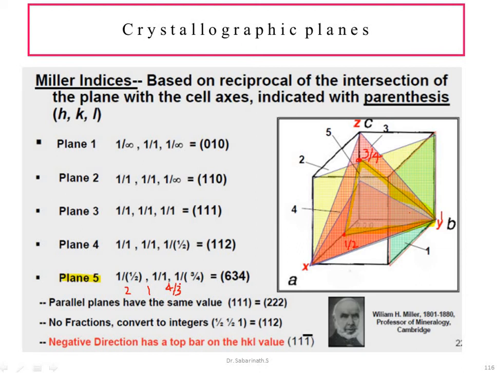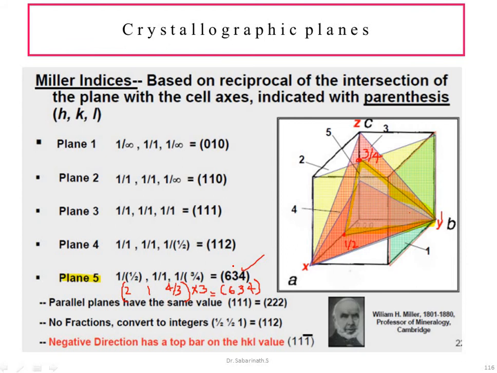In order to normalize, or just remove the fractions, we multiply by the common denominator, that's 3. If we multiply by 3, we get 6, 3, and 4. So this is what is represented here.